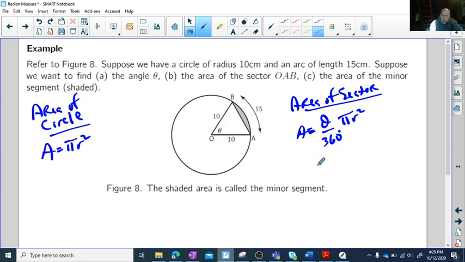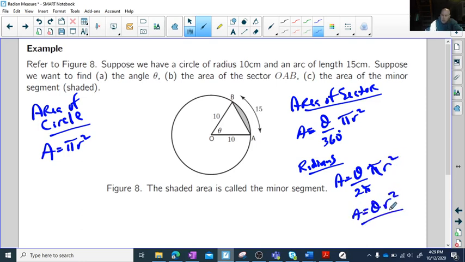If I was in radians, it would still be the same thing, theta over, instead of 360 though, you'd have 2 pi here for your radians, multiplied by pi r squared, which actually very nicely gets rid of that, don't forget your squared. So in radians, your formula is just theta r squared. This is the area of a sector.